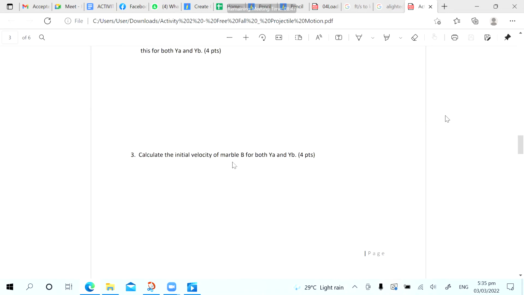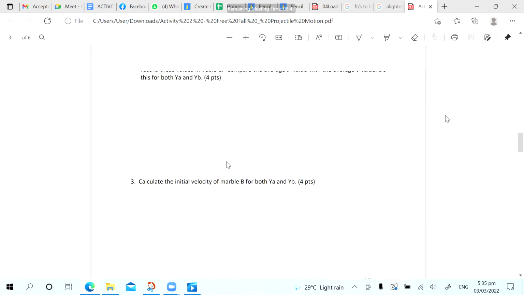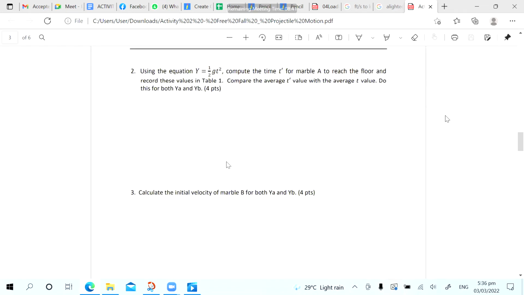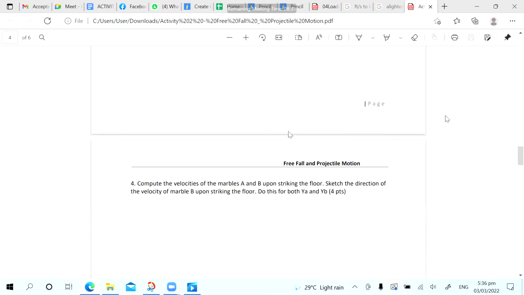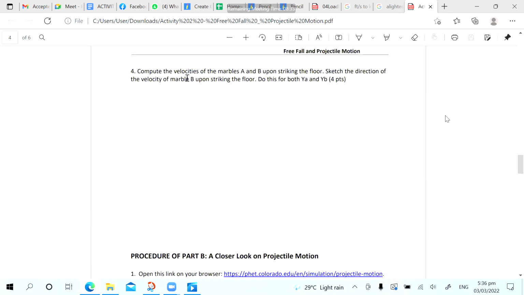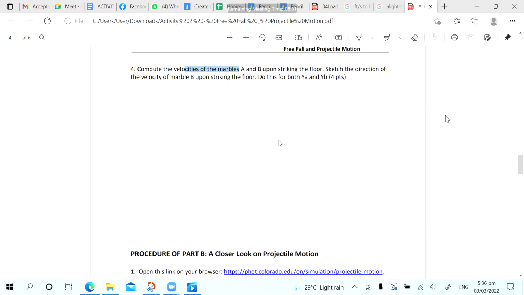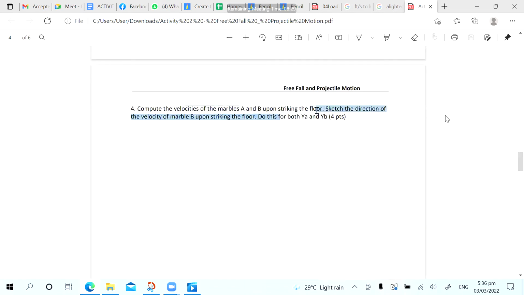And then calculate the initial velocity for both marbles. For marble B, for both YA and YB. And then compute the velocities of this marble upon striking the floor.